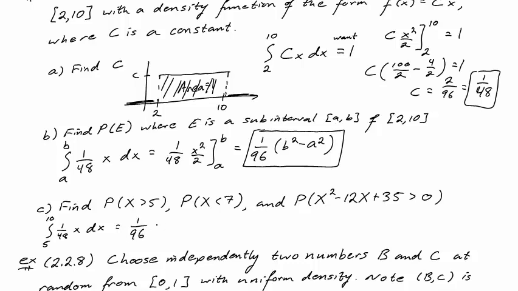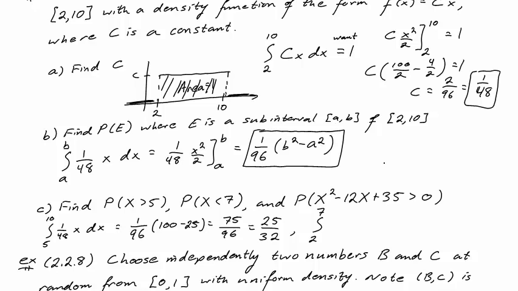Either way, you'll get 1 over 96 times 100, 10 squared, minus 25, which is 5 squared. So I get 75 over 96 as the probability there. Or we can reduce that to 25/32.